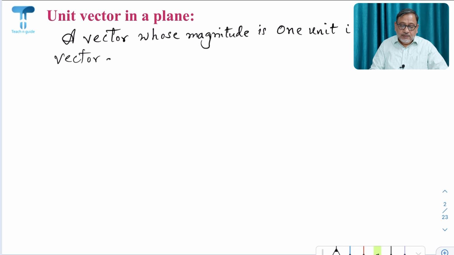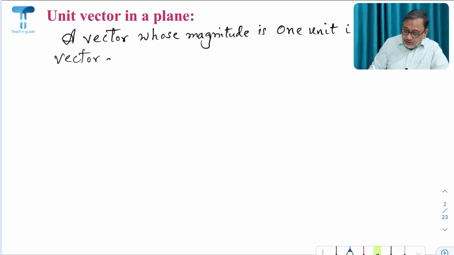So we have unit vectors in two-dimensional space. They are called basic unit vectors. They are i and j. i is in the direction of x-axis and j is in the direction of y-axis, okay?